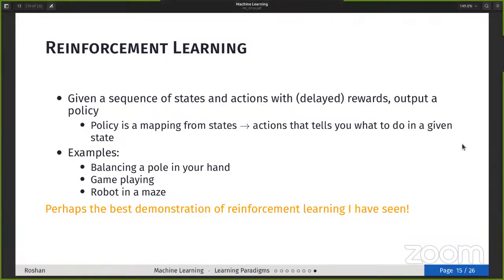Okay, are all the four learning paradigms of machine learning clear? What is supervised learning? What is unsupervised learning? What is reinforcement learning? Everything. Is it clear? Any doubts?